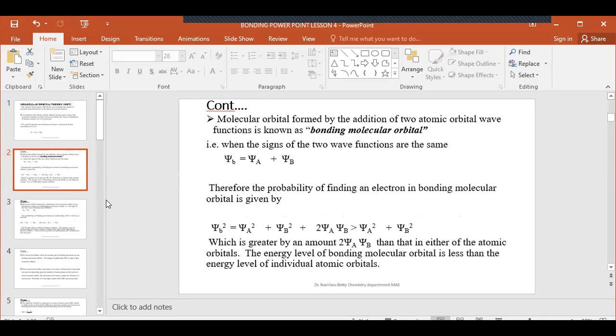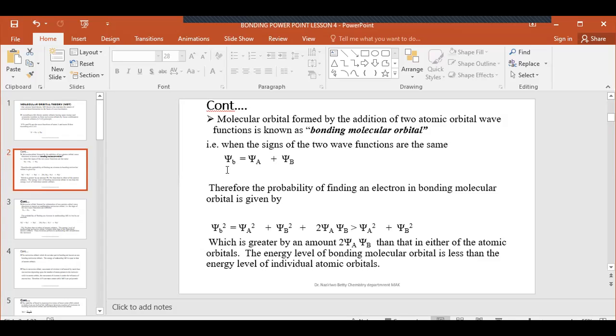Another point to note about this theory: the molecular orbital formed by the addition of the two atomic wave functions is known as the bonding molecular orbital. That is, when the signs of the two wave functions are the same, the bonding molecular orbital is equivalent to the wave function of A plus the wave function of B. Both are positive. This leads to the formation of the bonding molecular orbital.